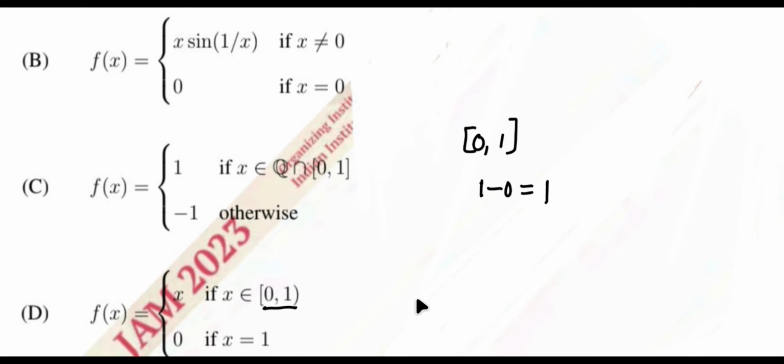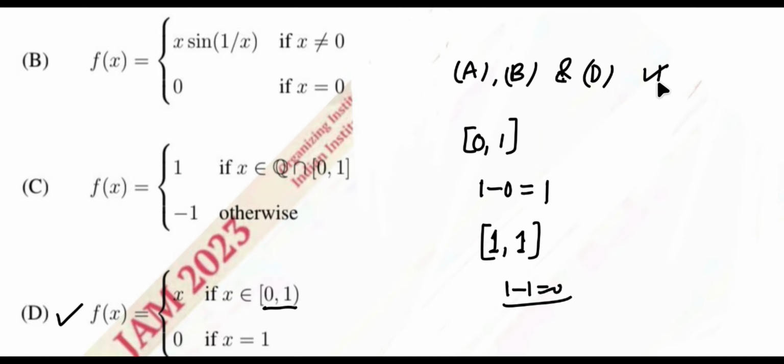So the measure is 1, and this point 1 can also be written in interval form, as you see on the screen now, and obviously this has zero measure. Whenever a function like this has a finite number of discontinuous points, then that function is also Riemann integrable. So our option D is also correct. So the correct options are A, B and D. These 3 options are correct.